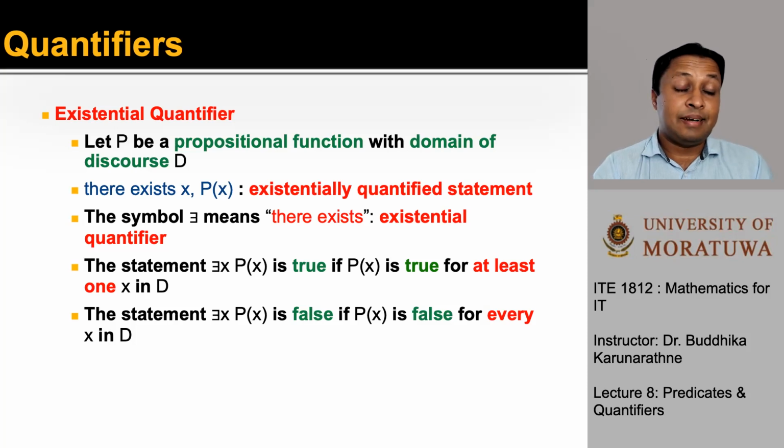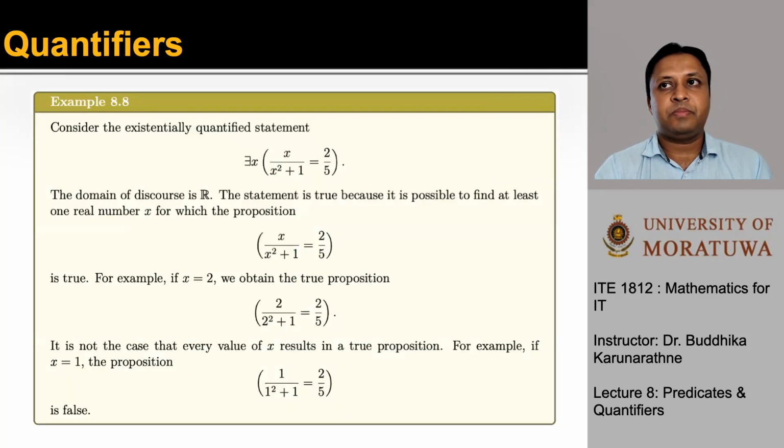If there is at least one value which is true, then the statement is true, because the existential quantifier says there exists.